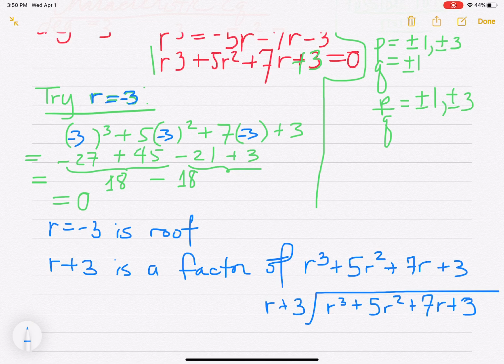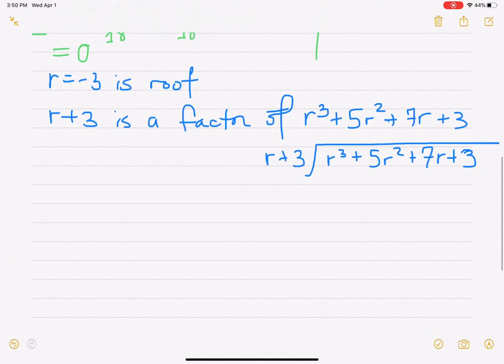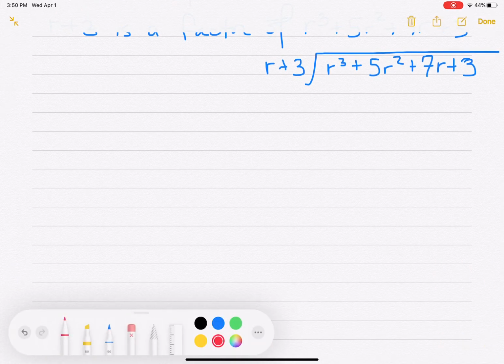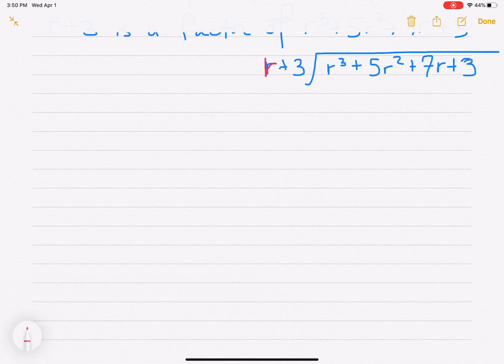First, we have to ask the important question: what times r is going to give us r cubed? Well, r squared. So I'm going to write an r squared above the r squared column. r squared times r is r cubed. I'm going to take r squared times plus 3, which gives me plus 3r squared.